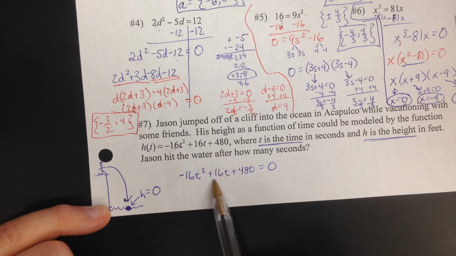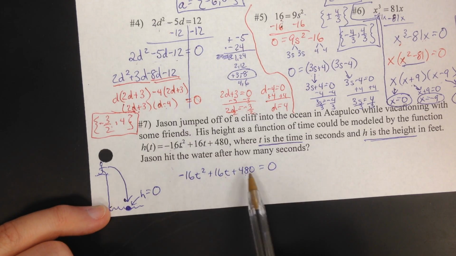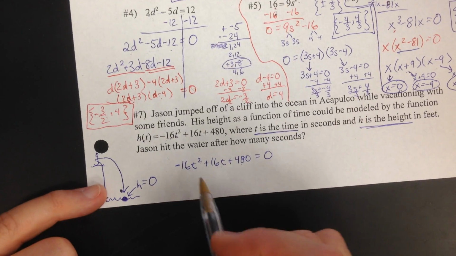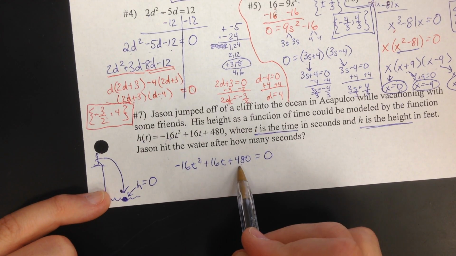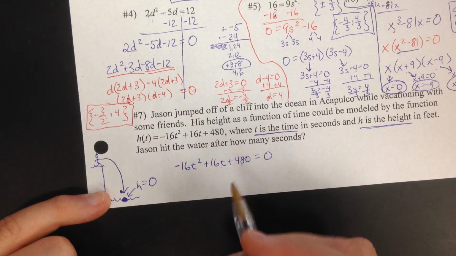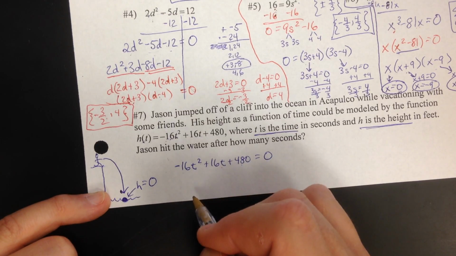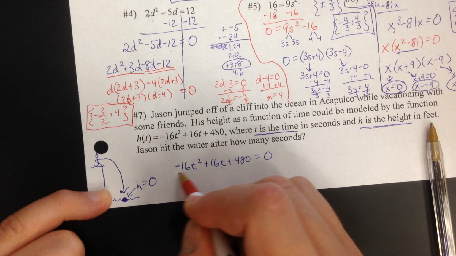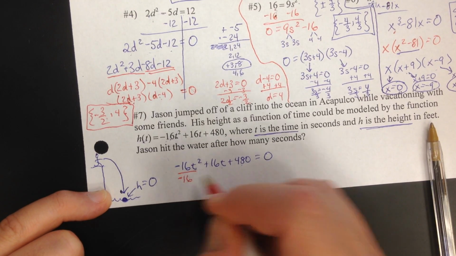Now, before we start to factor, can we divide something out of all of these? Can we factor out a GCF? And in this case, we can. 16 goes into each one of these values. What I'm going to do is divide everything by negative 16.